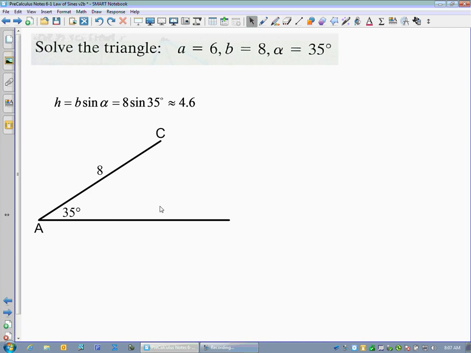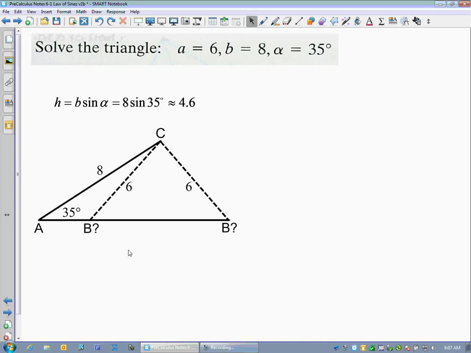The distance from C to this line is 4.6, and A is longer than that, plus A is shorter than this side here. So it's in that sweet spot where we're going to get two possibilities, and this is what they would look like. Either the 6 goes this way to create this triangle, or it goes this way to create this triangle. So point B could be over here, or point B could be over here. And both of these would satisfy these three conditions.